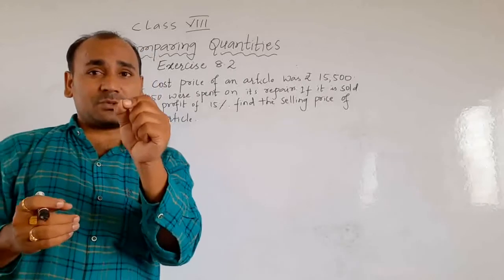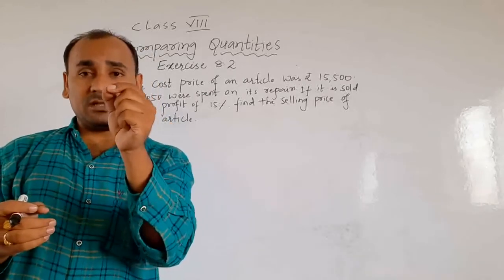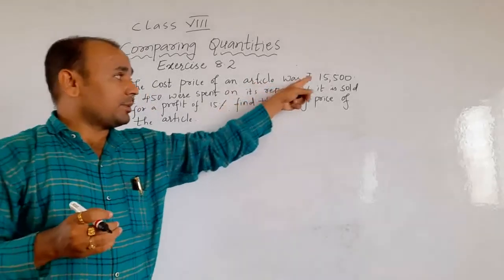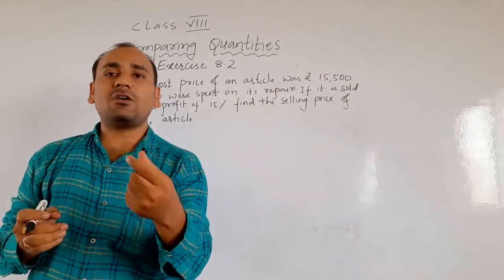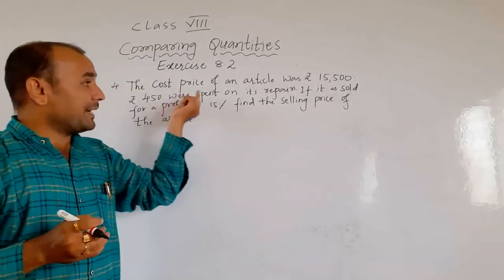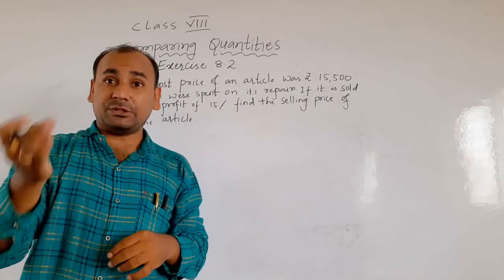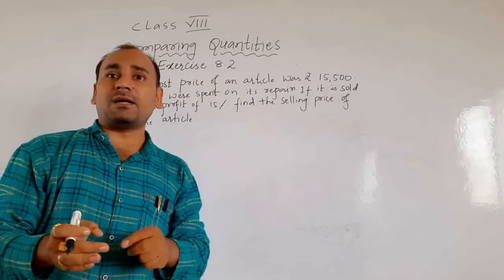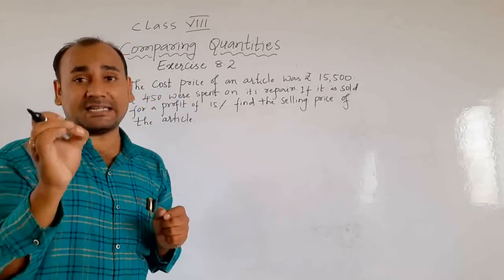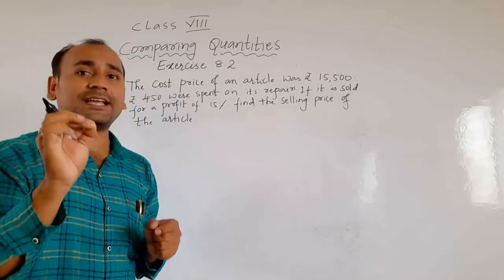Try to understand, students. Here one important term is there that we need to remember. Whatever things you have purchased is called the cost price, and whatever you are spending on its repair also comes under cost price, but this is called overhead expenses or overhead charges. The term is overhead expenses.